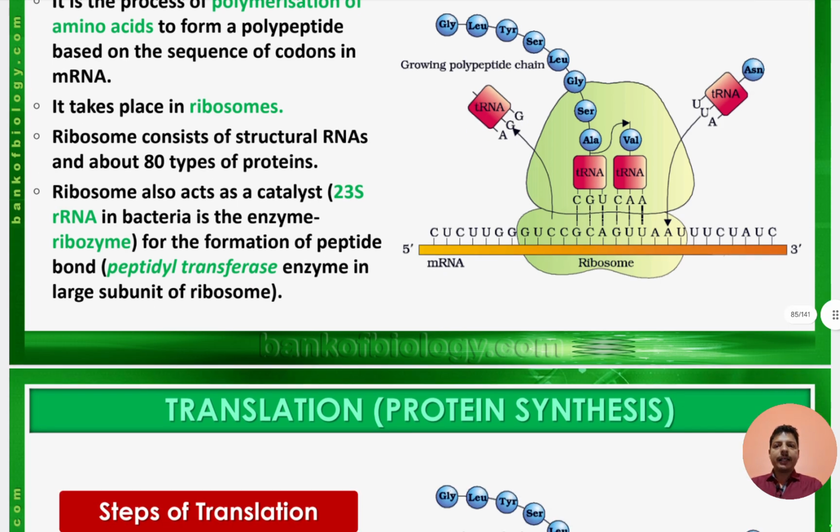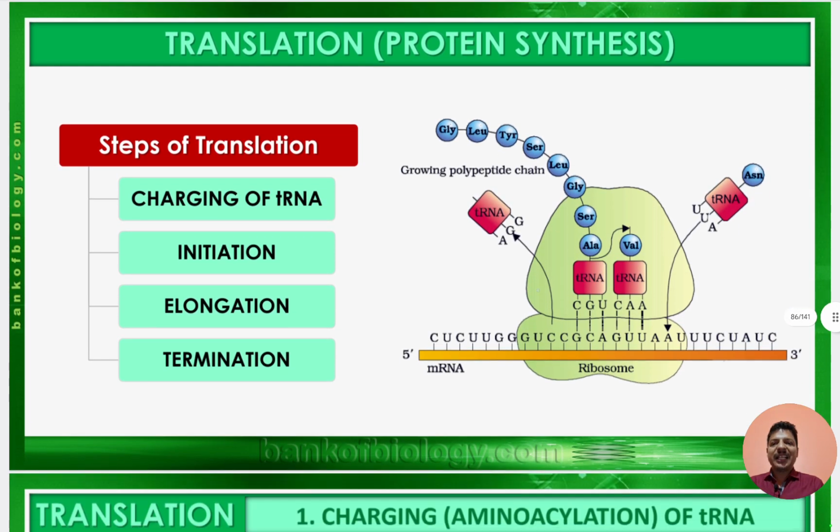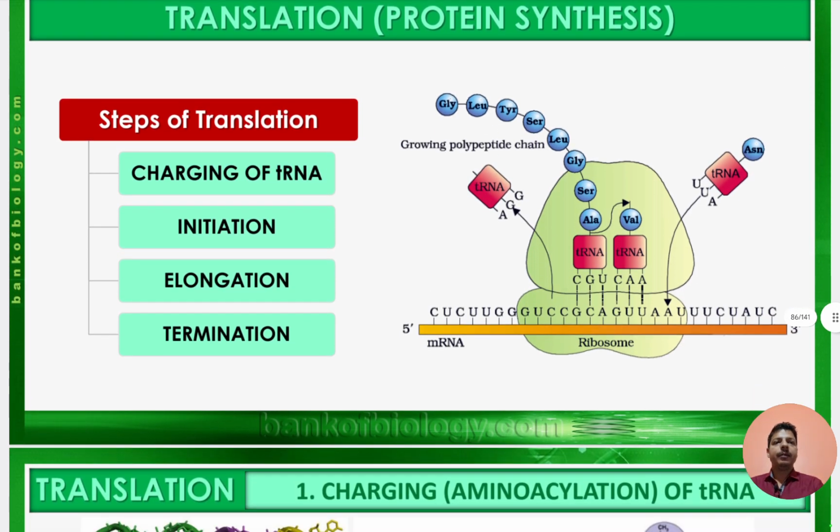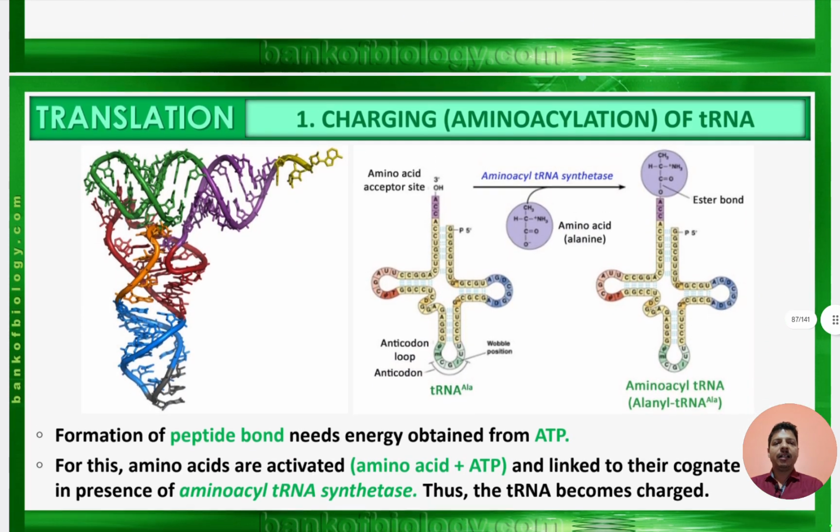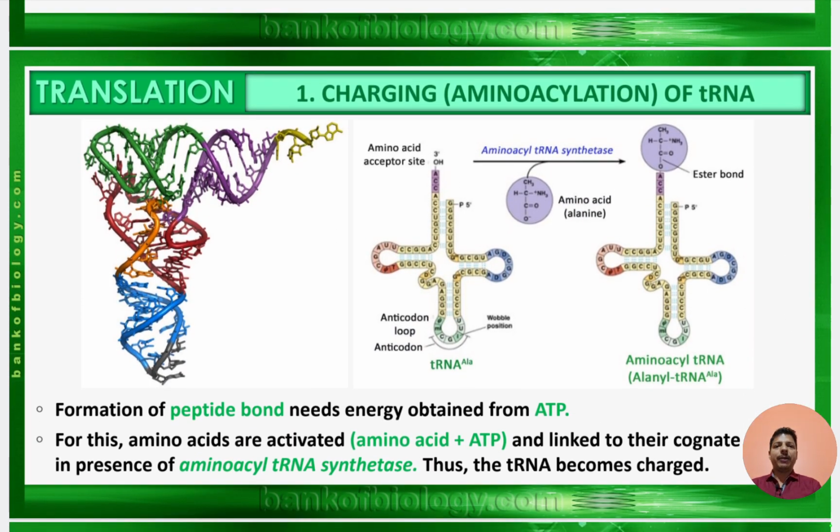Ribosomes also act as a catalyst. 23S rRNA in bacteria is the ribozyme for the formation of peptide bond, with the peptidyl transferase enzyme in the large subunit of ribosomes. Coming to the steps of translation: first is the charging of tRNA, then initiation, elongation, termination. First of all, charging of tRNA or aminoacylation.